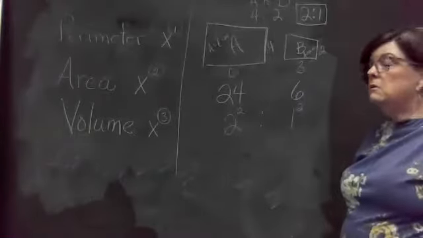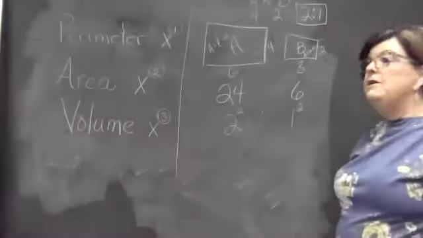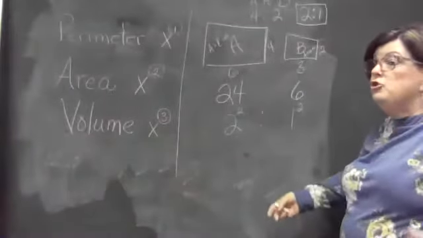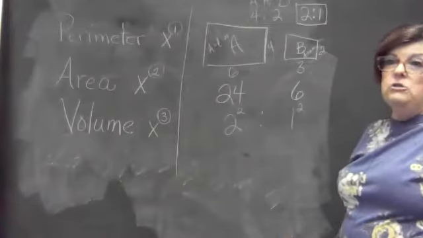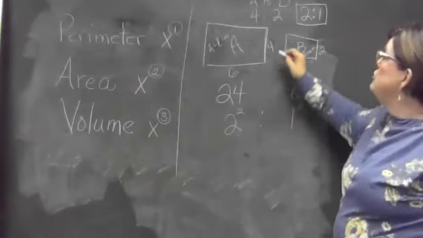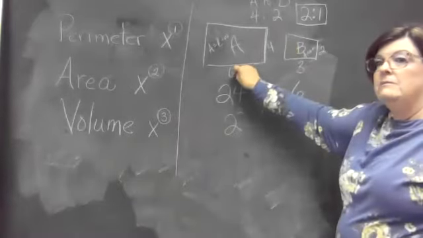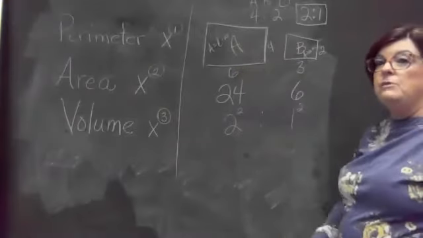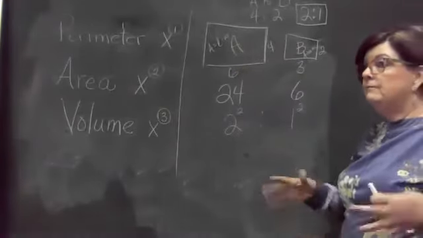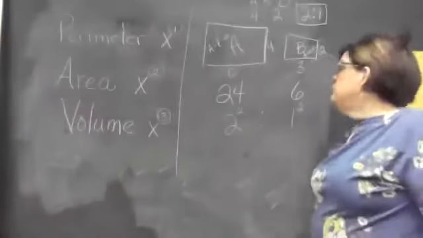Perimeter is adding the sides, so we're just dealing with adding sides. That's why perimeter is 1 dimensional. But when we start to multiply, we multiply 2 numbers to get area. Multiplying gives us 2 dimensional. Sort of. Let's do a problem.